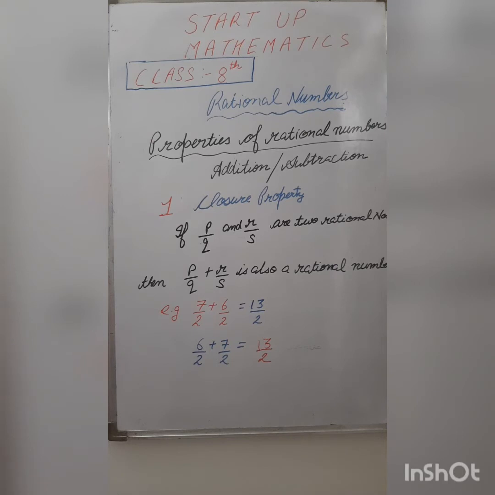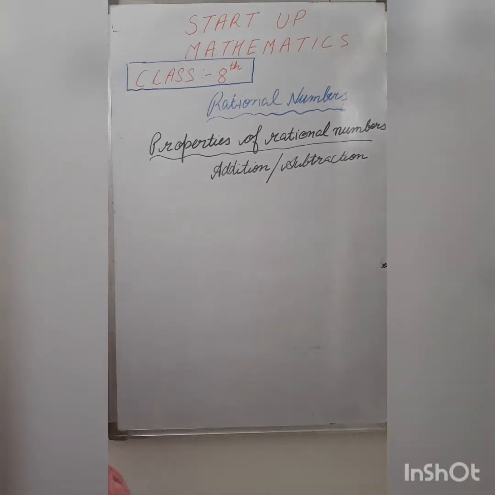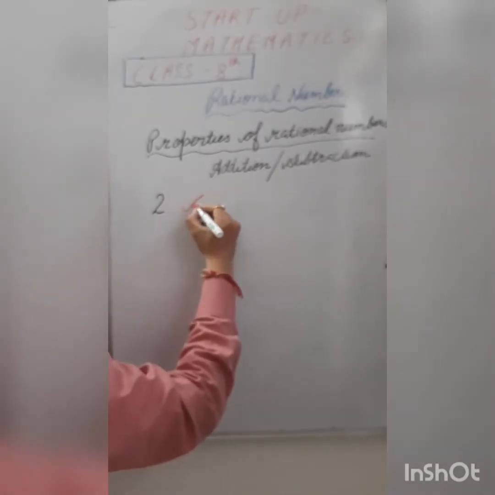So now let's see the second property. What is the second property? Second property is the commutative property.